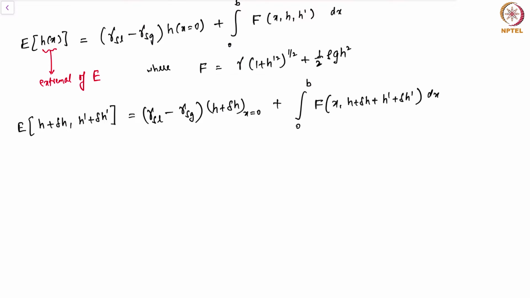This is what we had done also in the derivation of the Euler-Lagrange equation. We had called this quantity h bar.